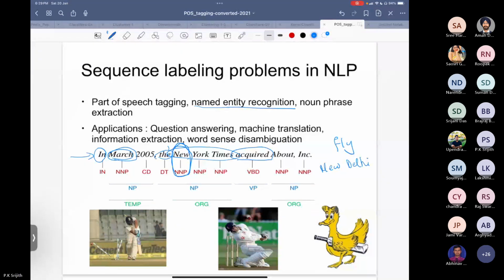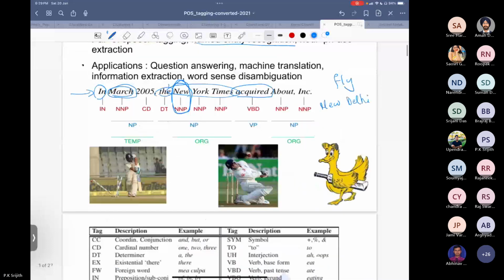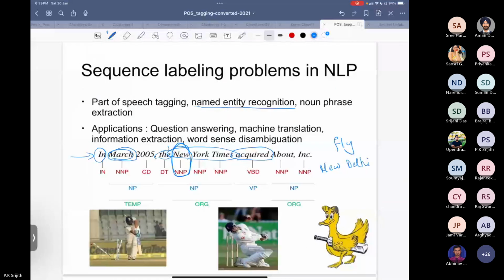Do you know this hidden Markov model? Not much. No, sir. We covered that in the machine learning course, right?